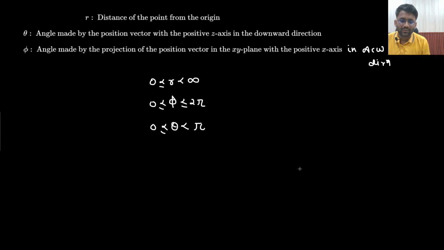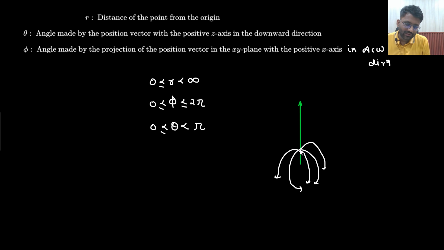This is your z-axis, and all angles from 0 degrees to 180 degrees will be covered.